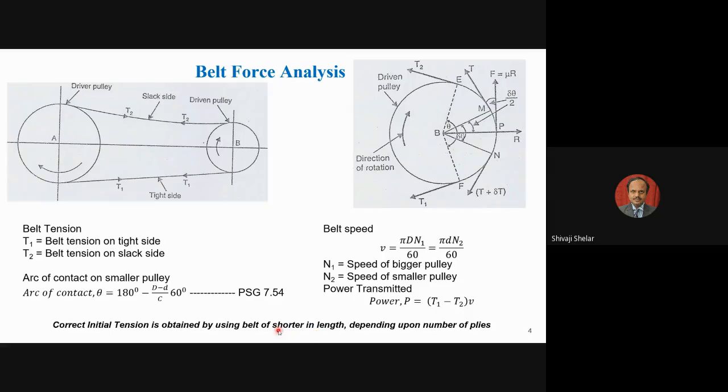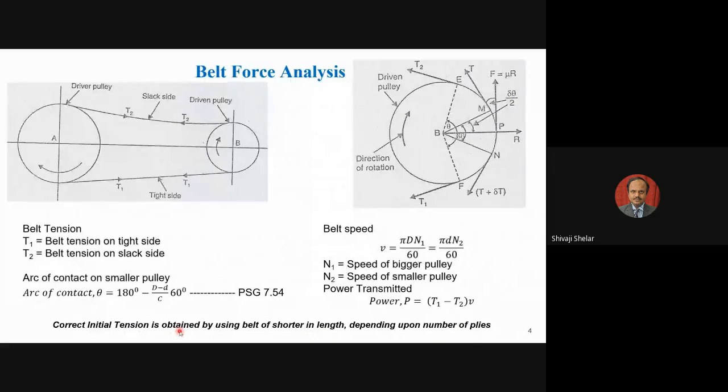How much shorter we have to make it will depend upon the number of plies used in the belt. The belt may be made up of single ply, 2 ply, 3 ply, up to 6 ply, multiply in nature. Depending on the cross-sectional area requirement as well as the power to be transmitted, the number of plies will be used, and how much shorter you have to make it will be decided by the number of plies.